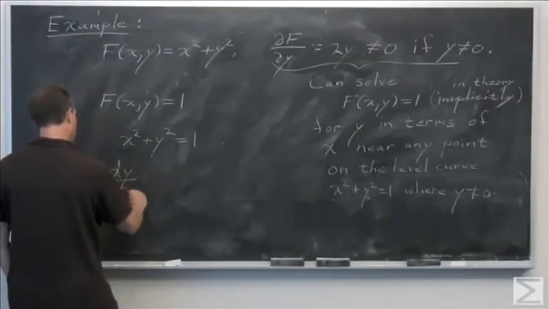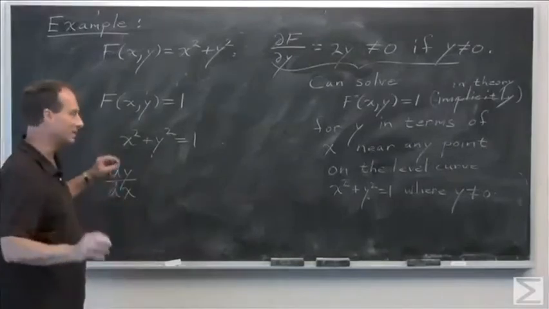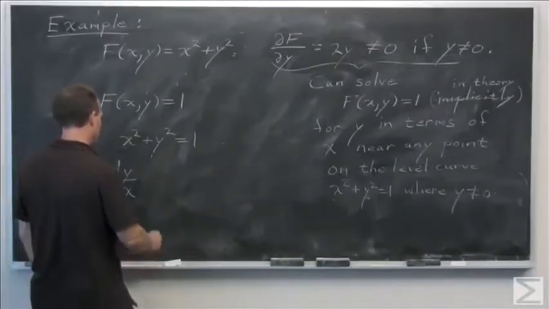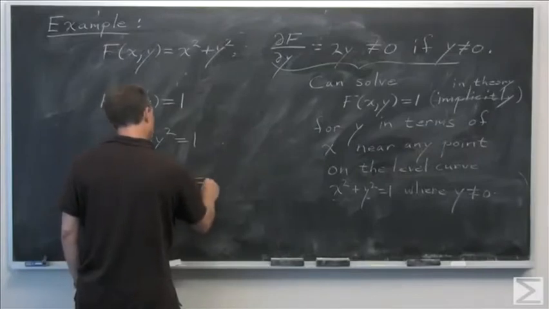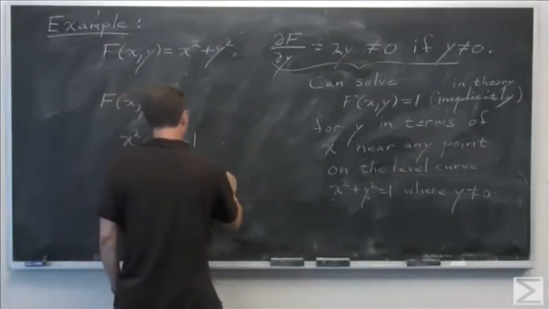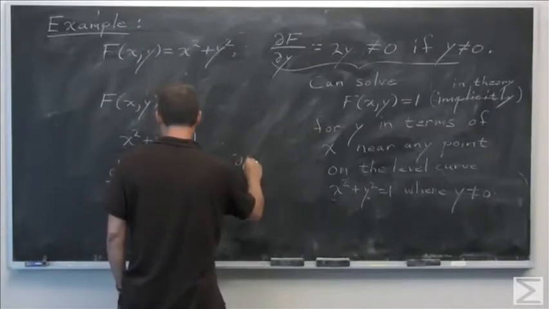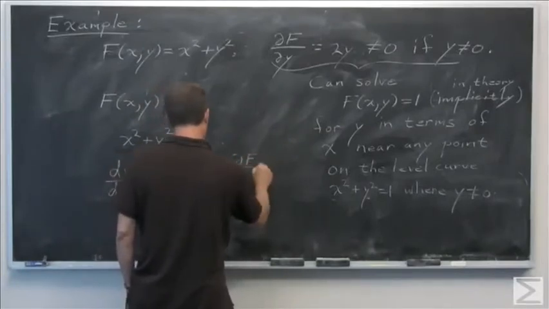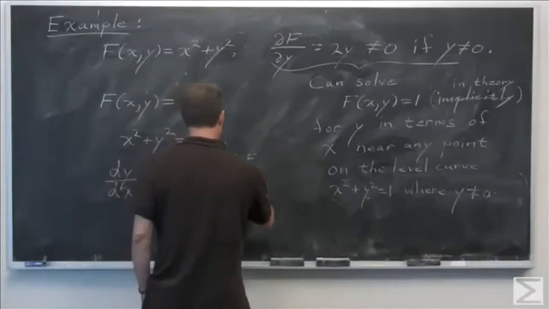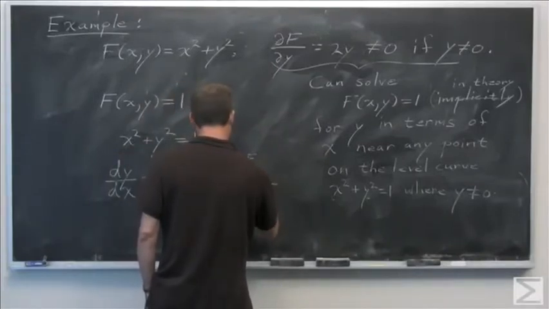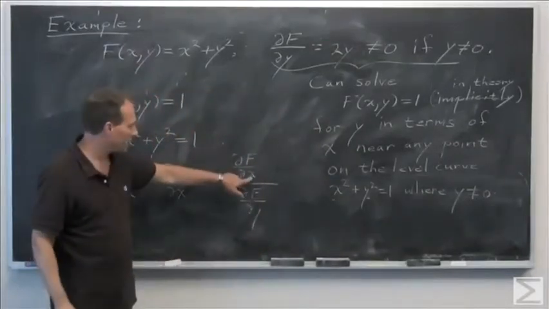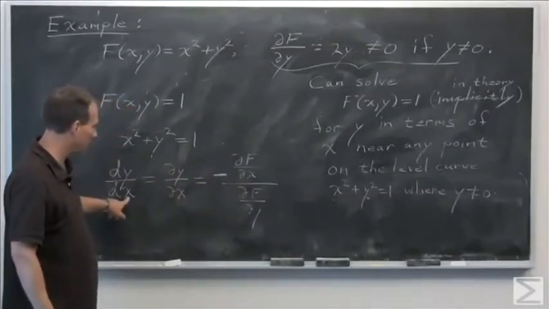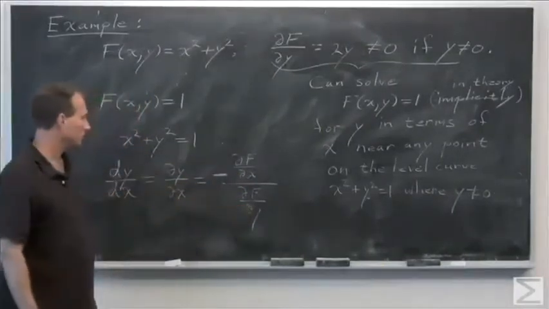If we do let y be the function that's implicitly defined in terms of x, what's the partial derivative of y with respect to x? According to the formula I wrote before, this should be negative the partial derivative of f with respect to x over the partial derivative of f with respect to y. That variable matches that one, and this one matches this one.